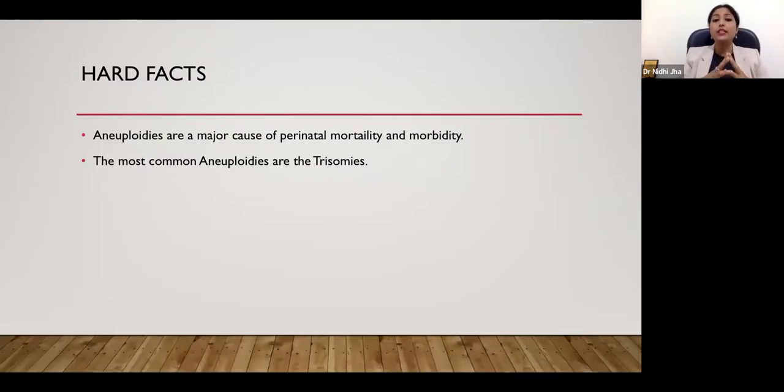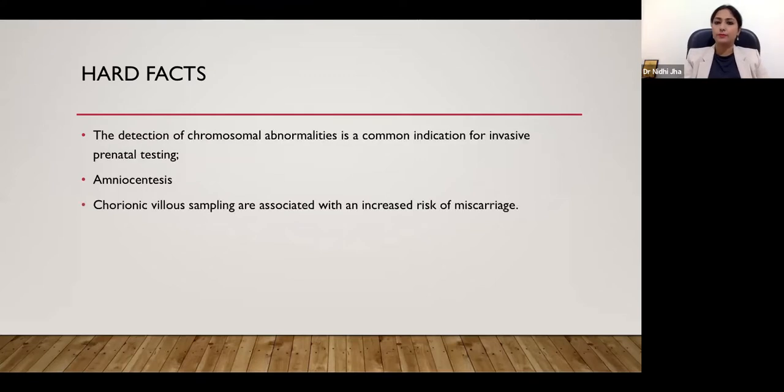So what are the hard facts? Aneuploidies are a major cause of perinatal mortality and morbidity. The most common aneuploidies are the trisomies. The detection of chromosomal abnormalities is a common indication for invasive prenatal testing, which is amniocentesis and chorionic villus sampling. Both of these are associated with an increased risk of miscarriage.